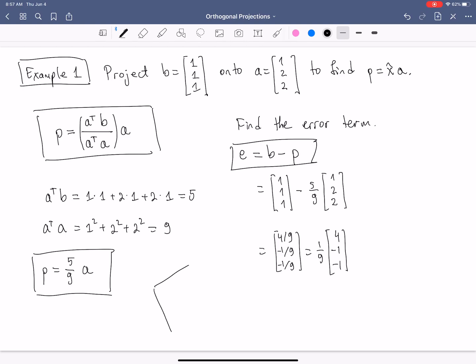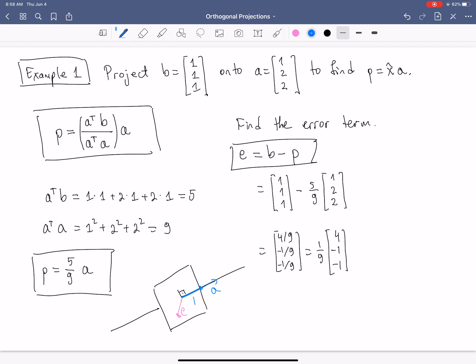So here is the plane, and somehow the line here, and this line is orthogonal. This line contains the vector A. Somewhere here is A. And the error term E is somewhere on that plane. And then the sum of those two vectors is, sorry, not the sum of A and E, but the sum of P and E. If that's A, 5/9 of it is somewhere here, for example.